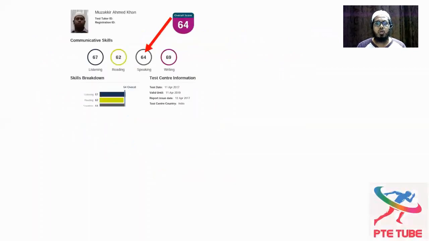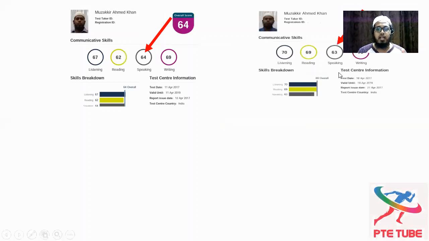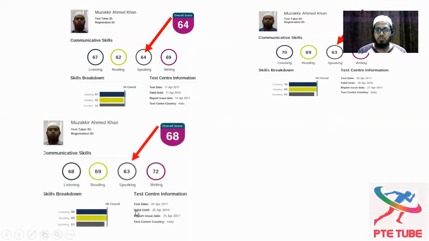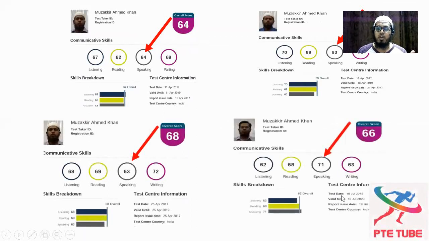I'll discuss this by giving my own score reports. You can just have a look. These are the tests which I have taken back in 2017. And you can see speaking, I got 64. And the next attempt, again 63. Next attempt, 63 again. And the next attempt, 71. All these are in 2017 and early 2018.